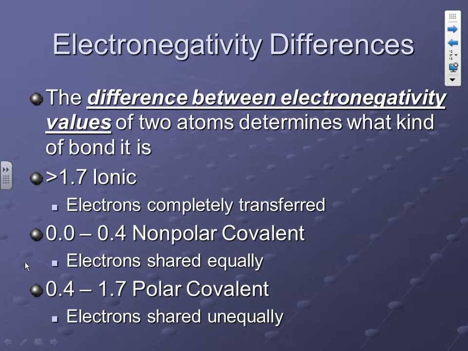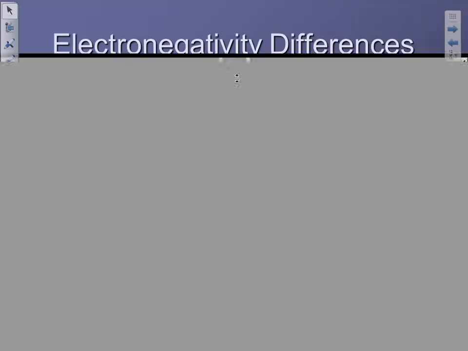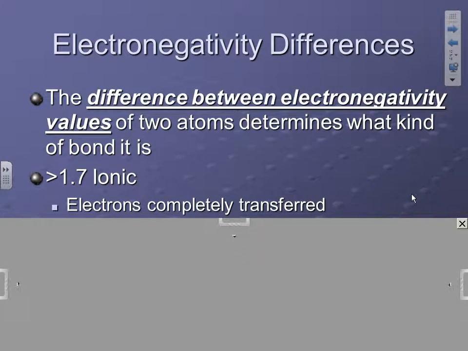So here's what we find out. First, I'm going to put up this screen so I can only see part of this. If we take a look at the difference between those two values, and that difference comes out to be greater than 1.7, we would classify that bond as ionic.